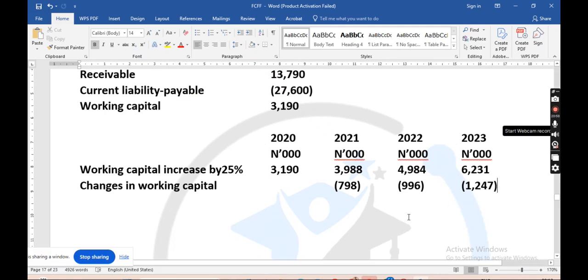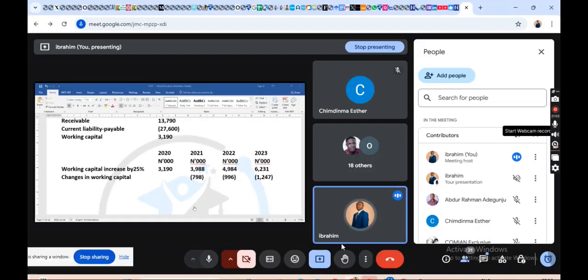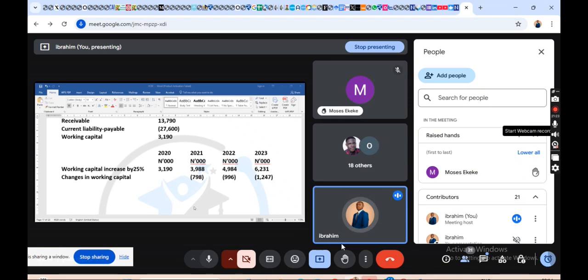Do you know why I quickly said this is wrong? Because I'm looking at that figure, and that figure is kind of high for working capital. We're supposed to look for the increase, just like the way we usually do under the free cash flow. Maybe year zero or 2020, then year one, year two, year three. From year one to two, we look for the increase.